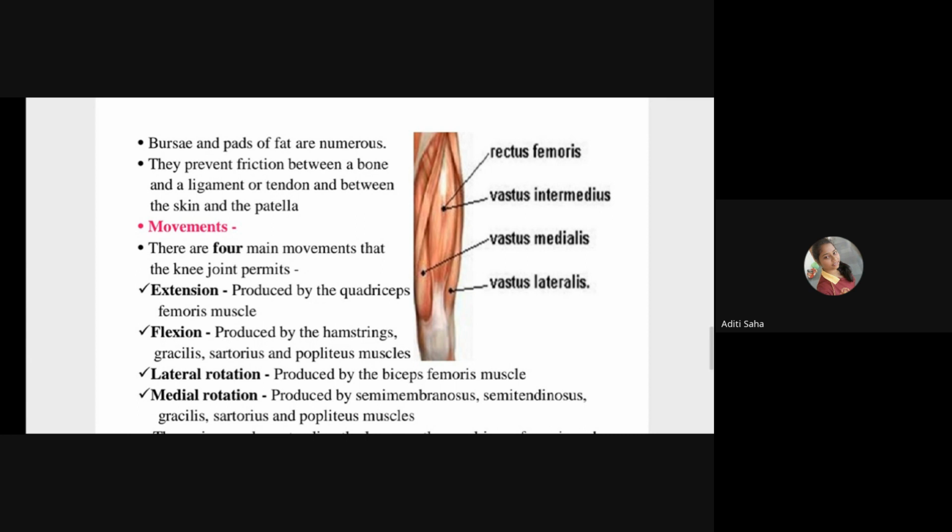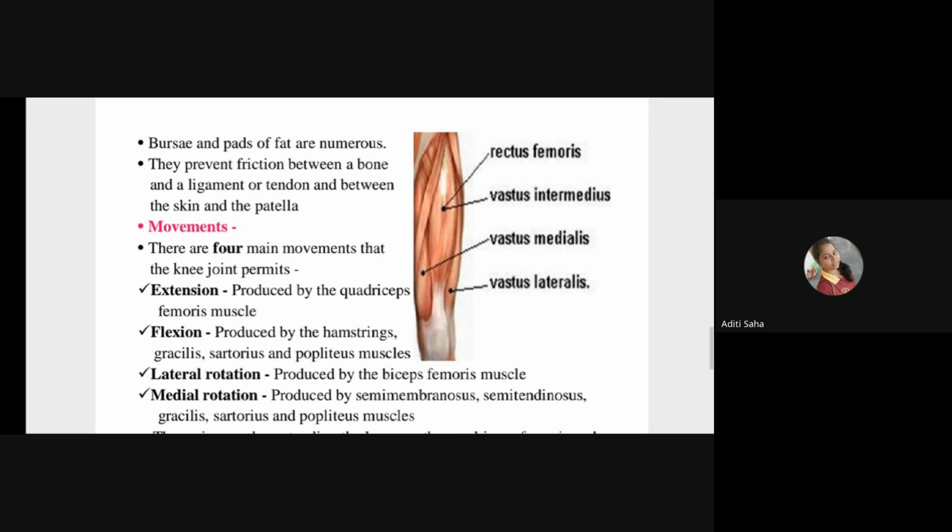So extension in the knee joint is produced by the quadriceps femoris muscle. Do you know where the quadriceps muscles reside? Anyone? Hamstring muscle, backside. Yes, hamstring is on the back side, but where are the quadriceps residing? Ma'am, on the thigh.